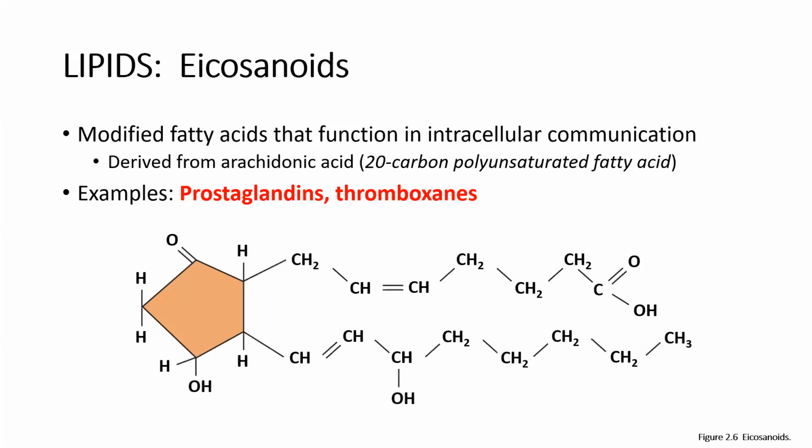As well as thromboxanes, which we'll talk about a little bit later, but these molecules are involved in blood clotting. So again, they're going to be helping to send signals that help to form blood clots and help to repair injured vessels and so on. So basically molecules that can tag certain cells and help cells communicate with other cells, a process we call intracellular communication.